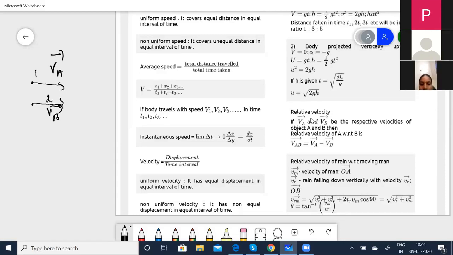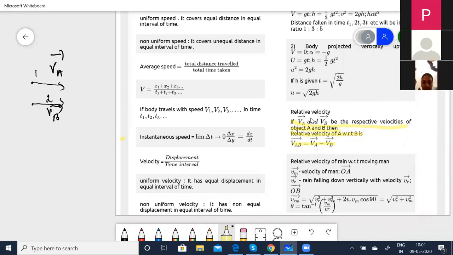If VA and VB are the velocities of objects A and B, then the relative velocity of A with respect to B is given by VA minus VB. So whenever we write VAB vector, it means relative to each other, and it is given by VA minus VB.